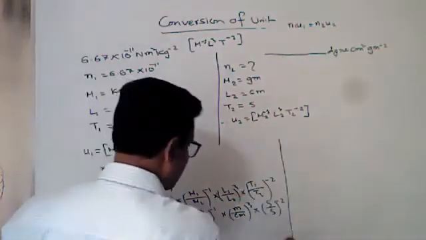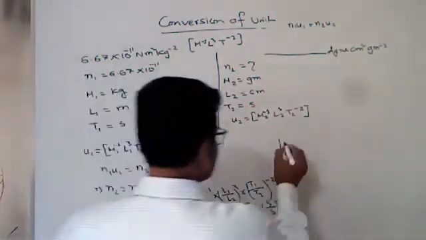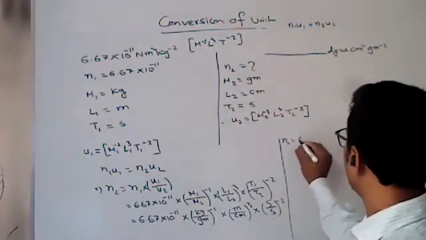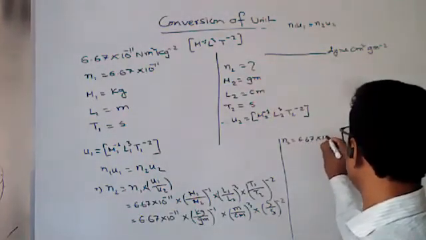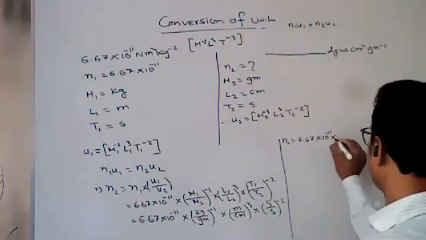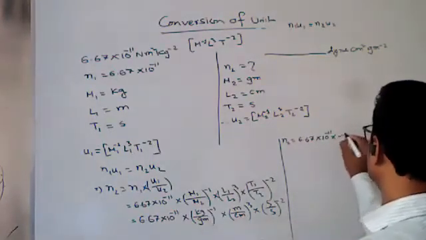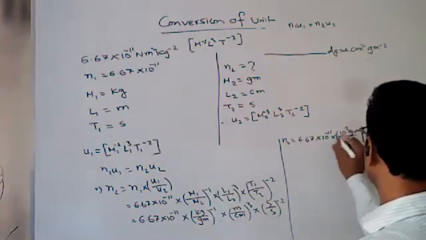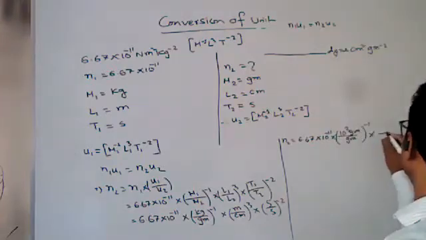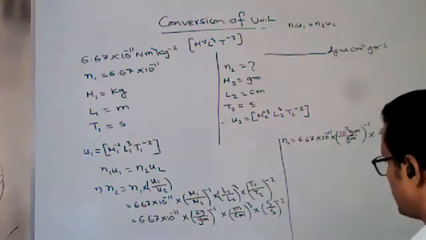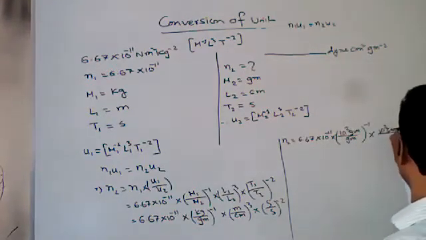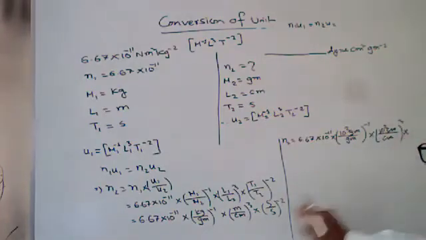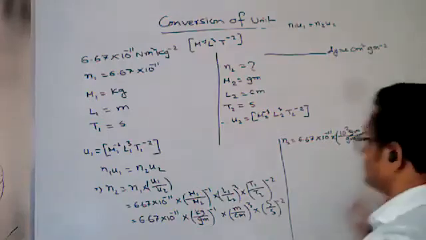Now, N2 will be 6.67 into 10 to the power minus 11 into kilogram, equals 10 to the power 3 gram, by gram inverse 1, into 10 square centimeter by centimeter cube, into second inverse 2.